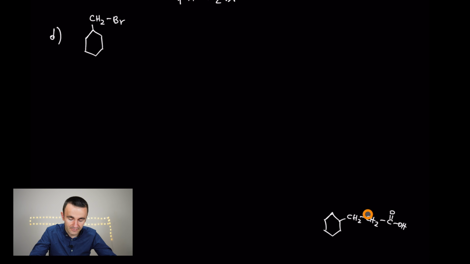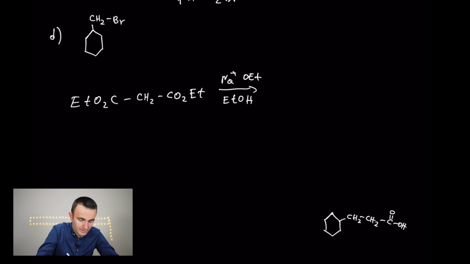What was the malonic ester? EtO2C CH2, again CO2Et, ethyl. So this one was treated with sodium hydroxide in ethanol, and you had the formation of this enolate. Right, and this one is going to react with this compound here, and this is going to attack this one here, and this one is going to go away.